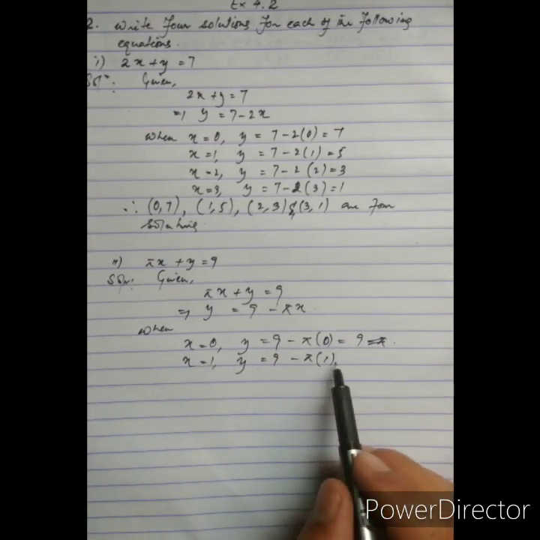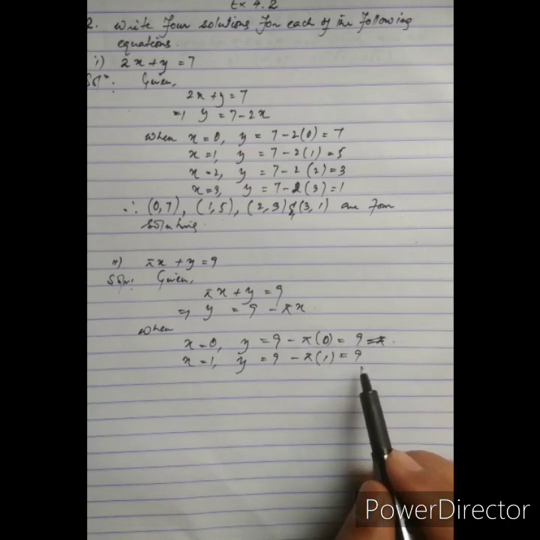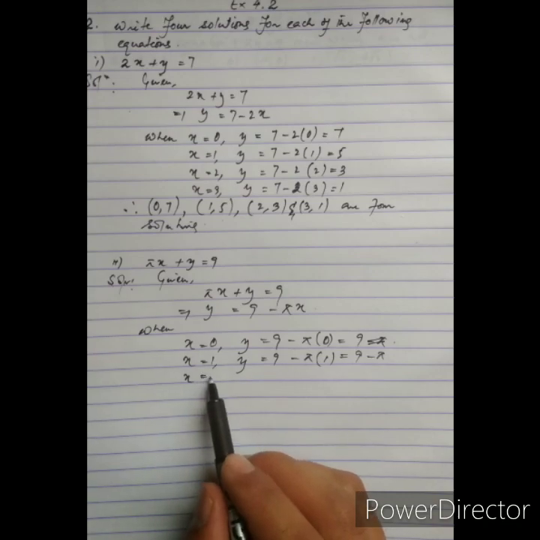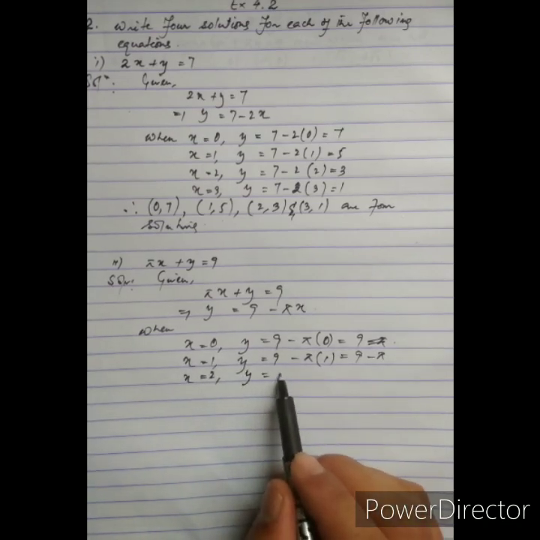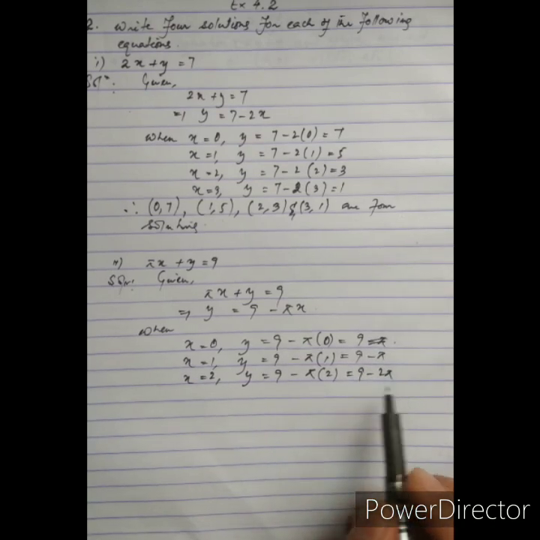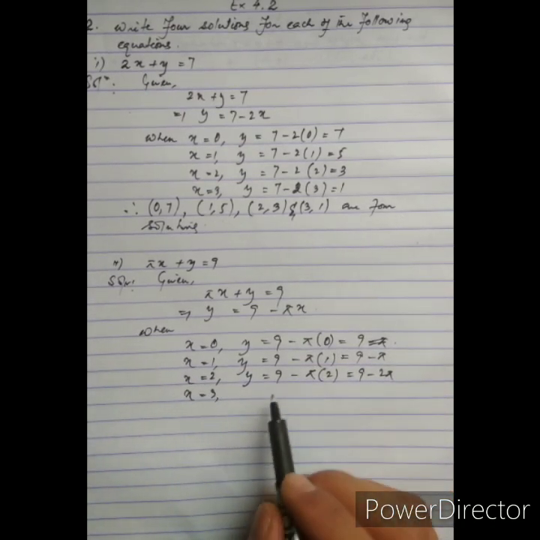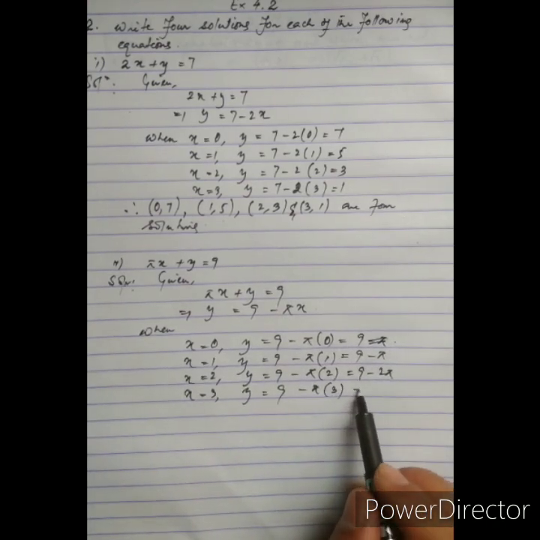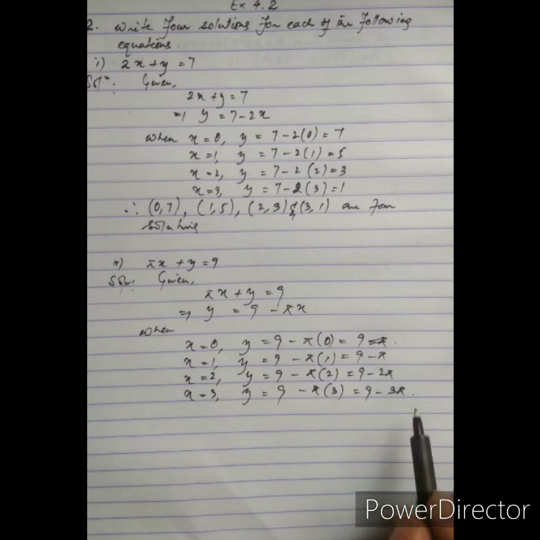Then now I'm taking 1, so 9 minus pi. If x is 2, y will be 9 minus pi into 2, that means 9 minus twice pi. Like that we can take even 3 as well. y will be 9 minus pi into 3, so 9 minus thrice pi.